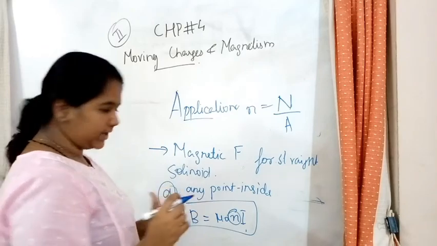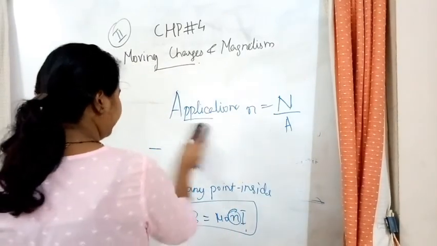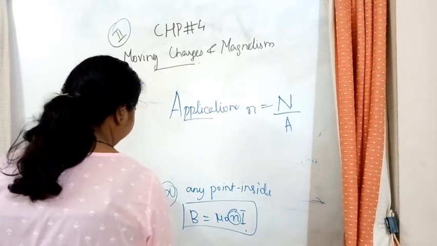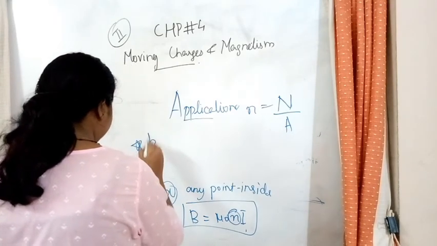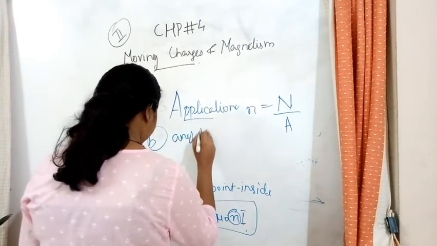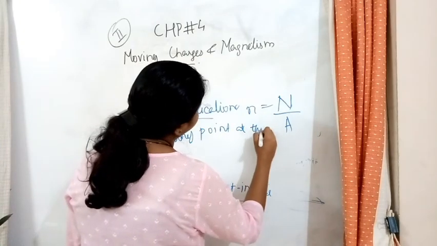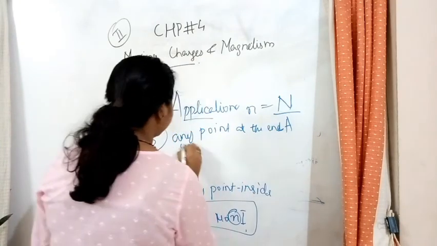Now this is the second one I told you. So let's write the second one. This is the same thing. I'll put a star for both of them. So star B is for any point at the ends of the solenoid.